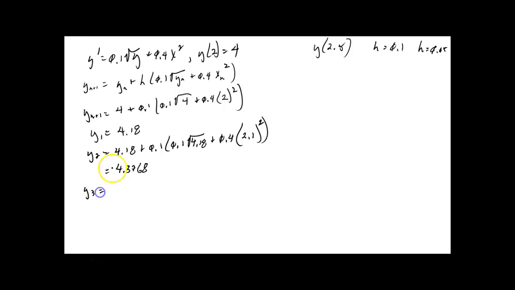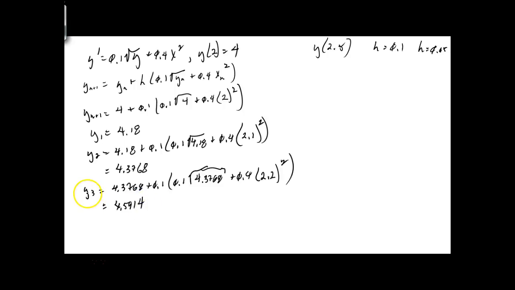Your y3 is going to be the y2, 4.3768, plus your 0.1 times 0.1 times the square root of 4.3768 plus 0.4 times 2.2, because you stepped up another tenth, squared. All right. Pull out your calculators, do the math on that one, and they claim that you get 4.5914.